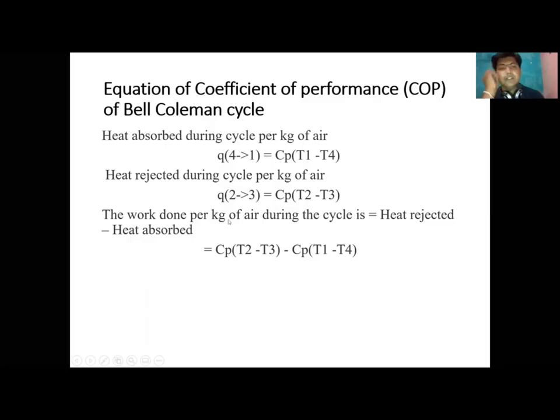So the work done per kg, that is the net work, equals net Q, which is heat rejected minus heat absorbed. Because in thermodynamics, for a cyclic process, the cyclic integral of Q equals the cyclic integral of W.